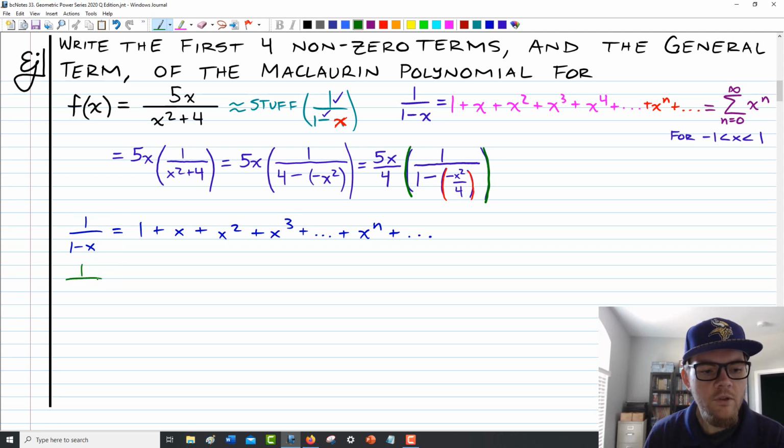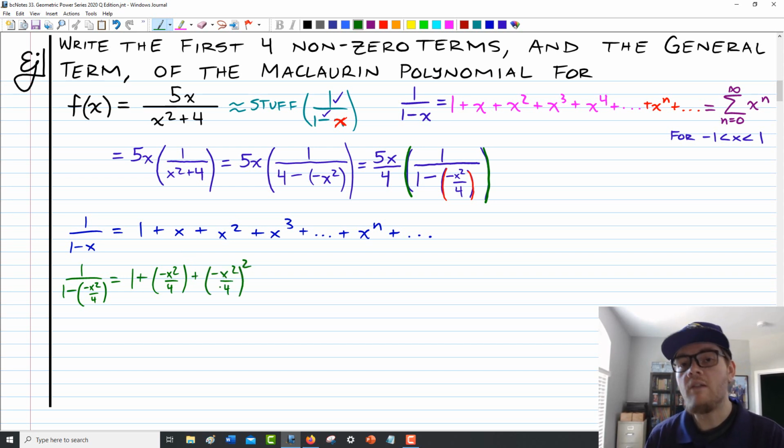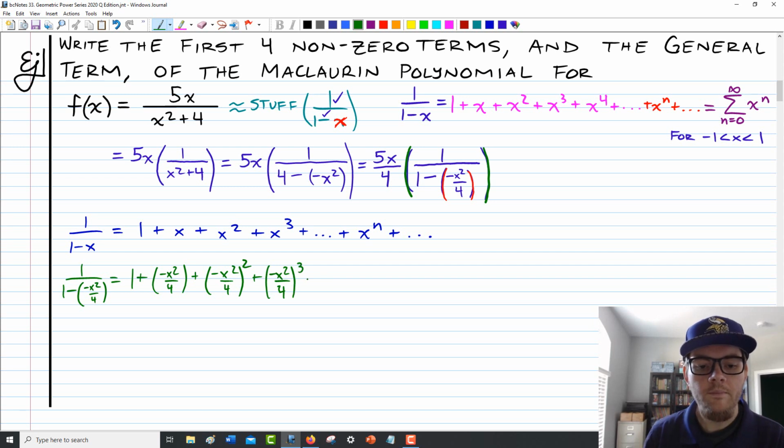So if we do 1 over 1 minus, and it's negative x squared over 4 that we start plugging in, that means in our series here, we're going to get 1 plus negative x squared over 4, substituting it for x, plus negative x squared over 4, substituting it for x but then squaring it, plus the same thing, negative x squared over 4 to the third power, and then of course we'll do the same thing at the end, negative x squared over 4 to the nth power.